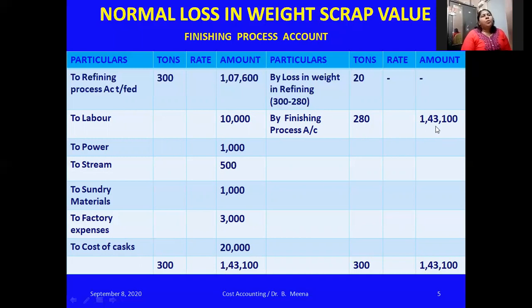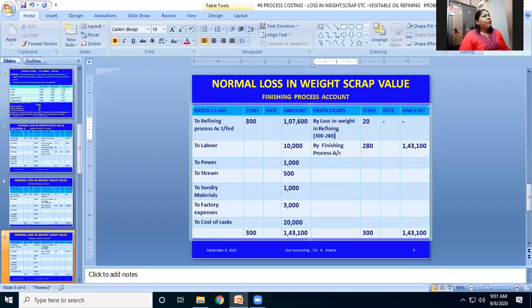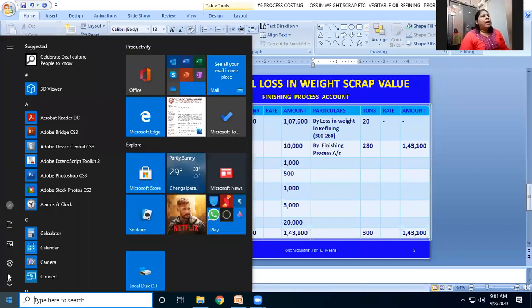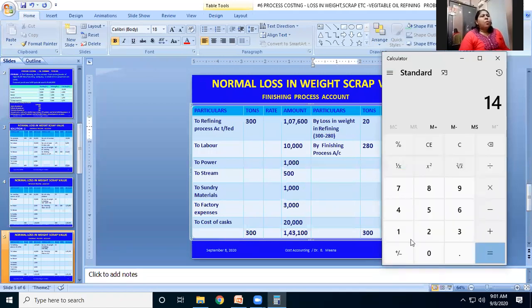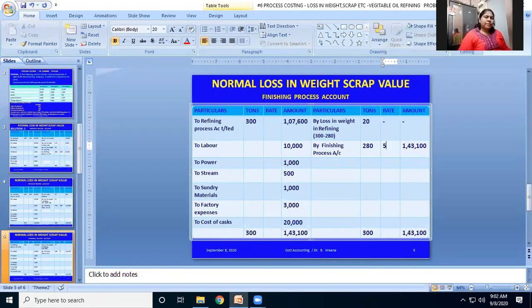So the cost of the output for the last process is 1,43,100. 1,43,100 divided by 280 tells you the cost per ton, that is 511. So 511 I can post as the cost per ton as per this problem.